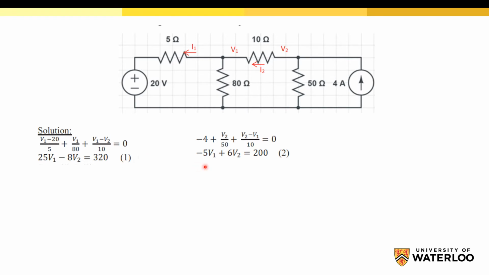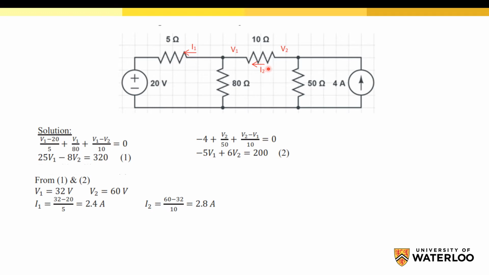So now we have 2 equations in 2 variables, and we can solve them to calculate V1 and V2. After we have the values for V1 and V2, we can calculate I1 and I2. I1 will be V1 minus 20 over 5, and I2 will be V2 minus V1 over 10.